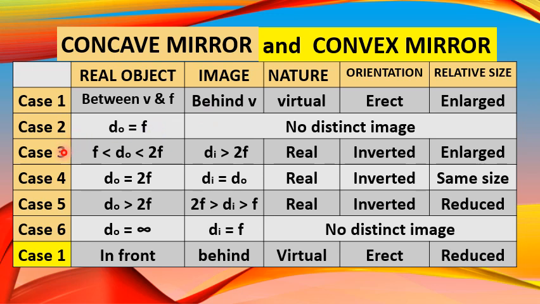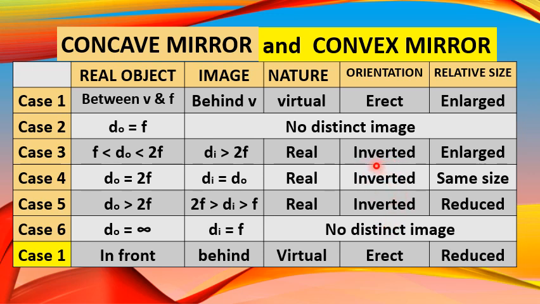Now, cases 3, 4, and 5. These are the 3 cases where the image is always a real image, and always inverted. In other words, the orientation of the image is inverted, upside down.